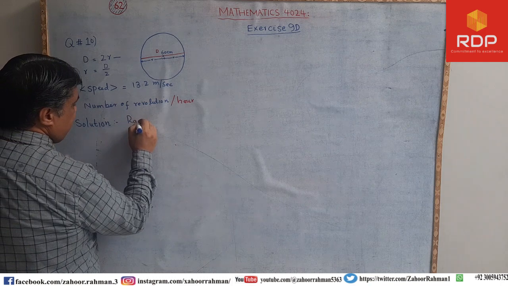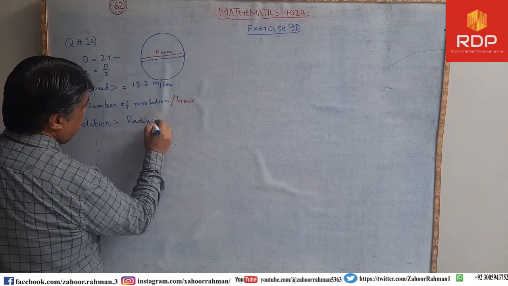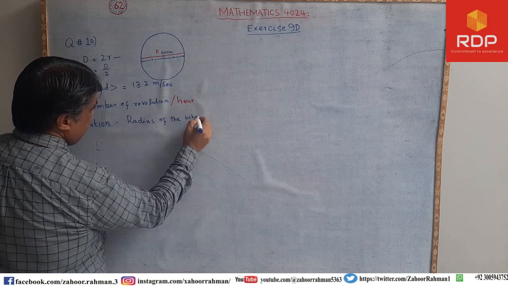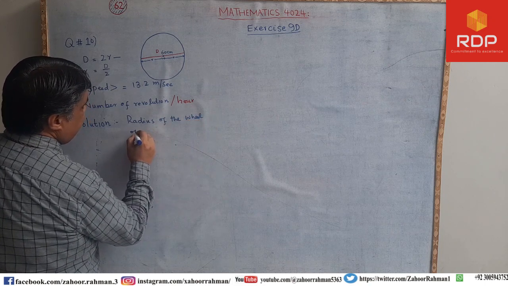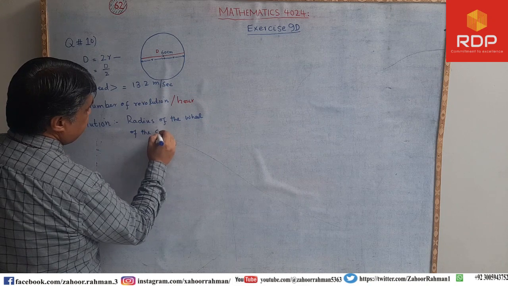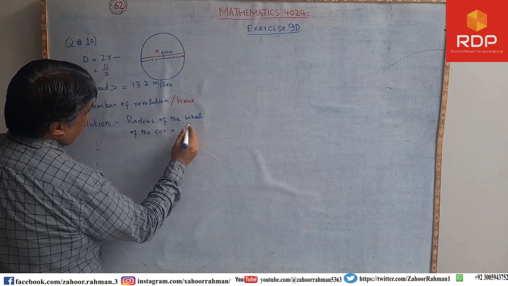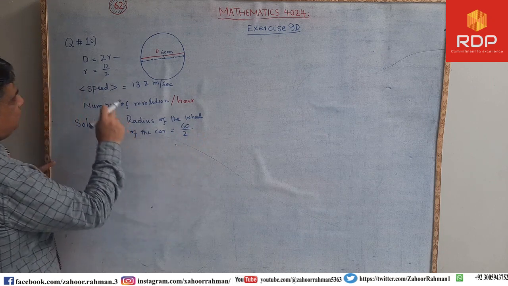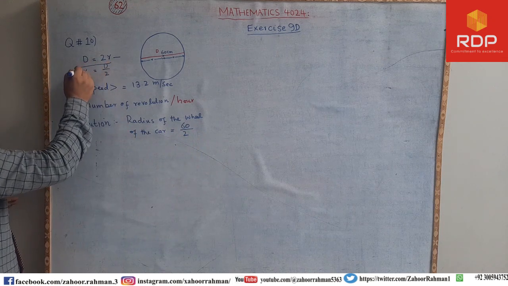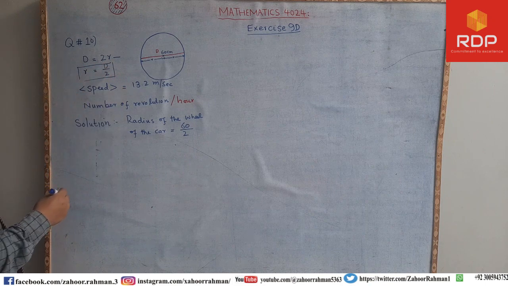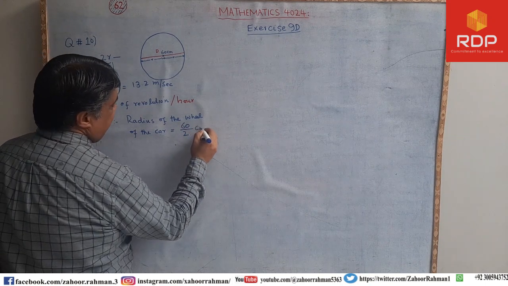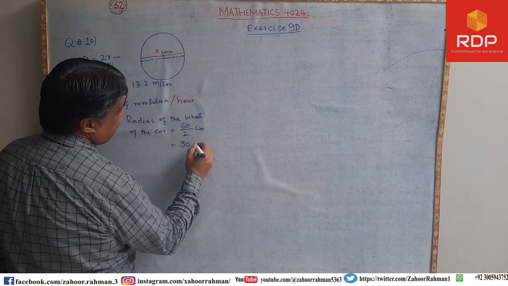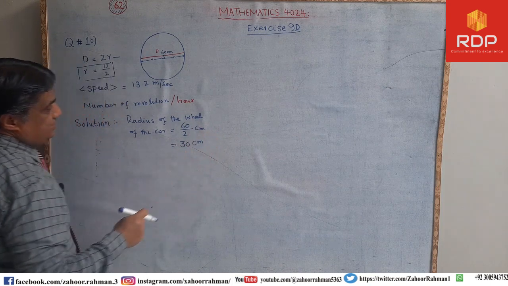Radius of the wheel of the car is equal to 60 divided by 2 according to this formula, and that is in centimeters. So this is 30 centimeters.